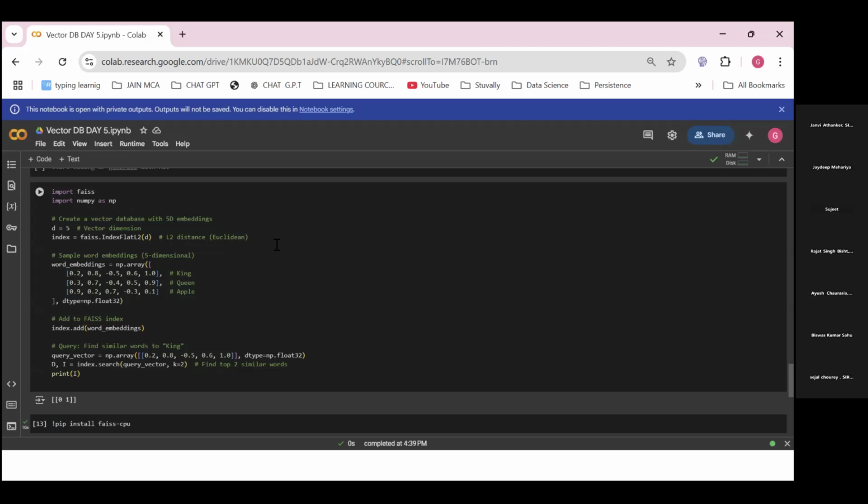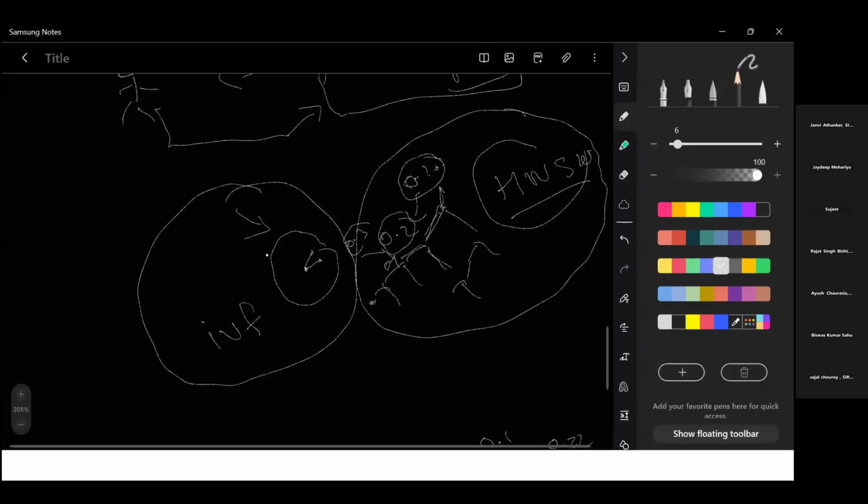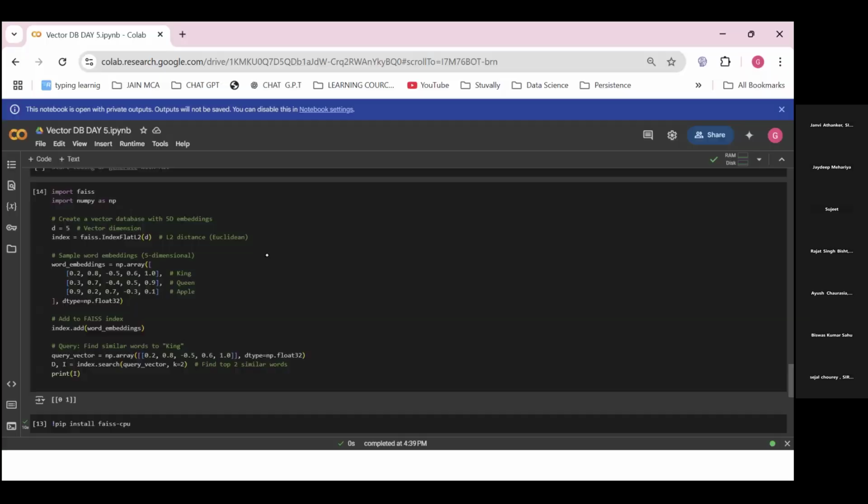If you want any other distance, you can use that distance formula. As of now, we are using the Euclidean distance, so we are storing into the index. On the basis of Euclidean distance, it will find the next word. On that basis it will pick the next word.